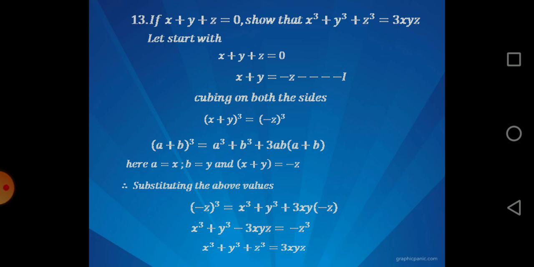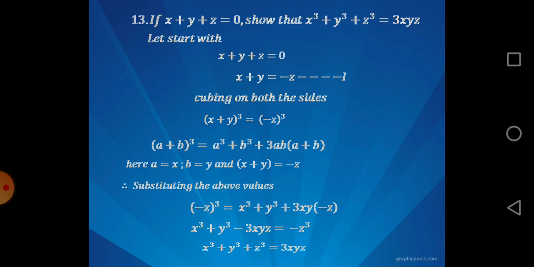Now, x plus y whole cube will be x cube plus y cube plus 3xy of x plus y. And this RHS becomes minus z cube. Next step, in place of x plus y, I have written minus z because x plus y is nothing but minus z. In place of the a plus b term, we had x plus y and I have replaced that by minus z.